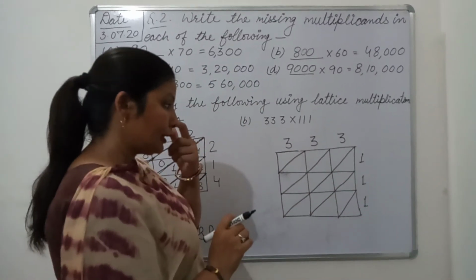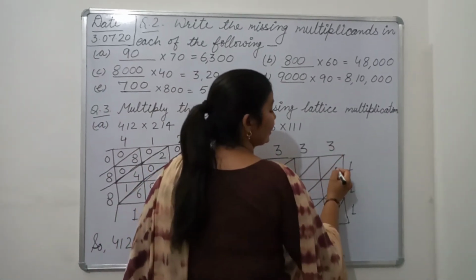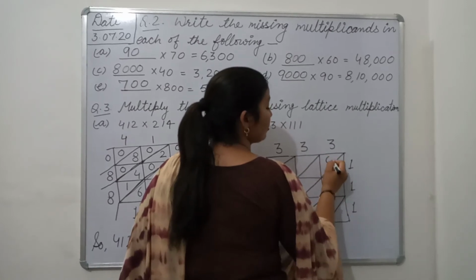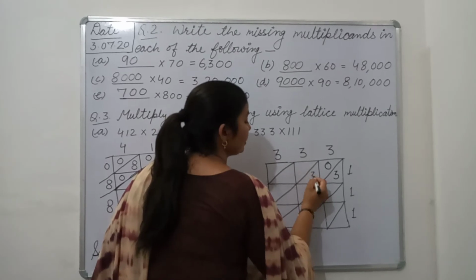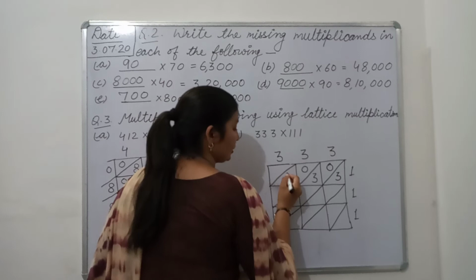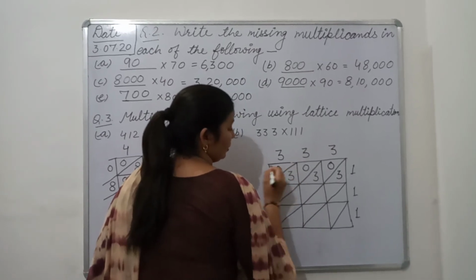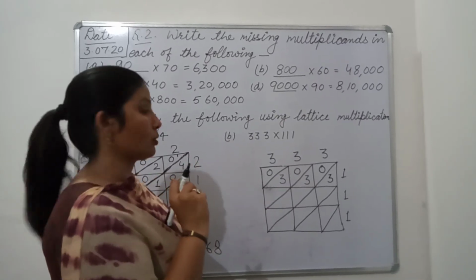Okay. Now we start our multiplication. First of all we multiply by 1. So 1 threes are 3. Single digit number, so down box, up box will be 0. 3 ones are 3, again up box 0. 3 ones are 3. Okay. So down box is of the 1's column, up box is of the 10's column.